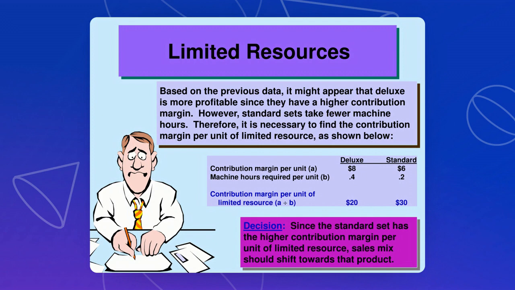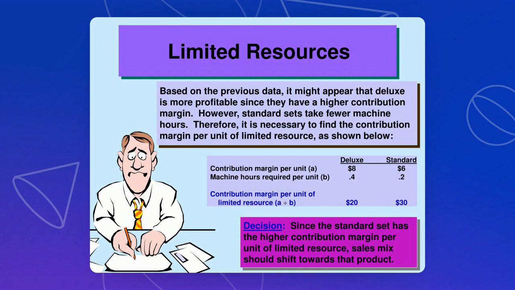Therefore, it is necessary to find the CM per limited resource of standard as shown below. So deluxe has $8, standard has $6, and the machine hours required per unit is 0.4 and 0.2.